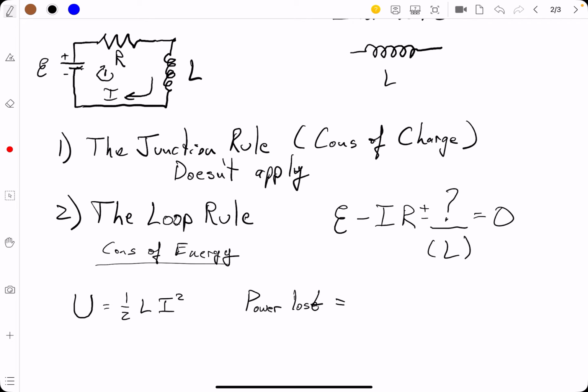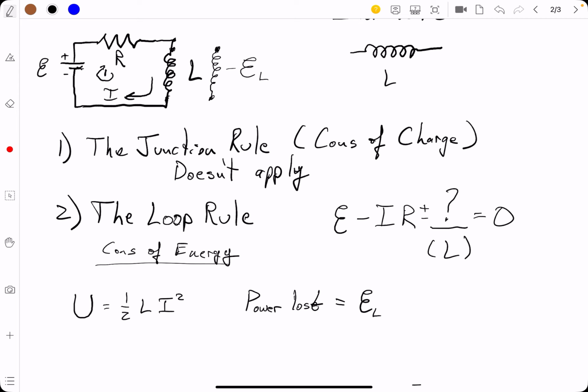And we're going to say that our power lost is equal to our EMF_L, and I think what that means is I'm dealing with the potential drop across L. Okay, so there's a point, we're going to call it point A. Let me draw our L. There's a point here, and our EMF_L is this.